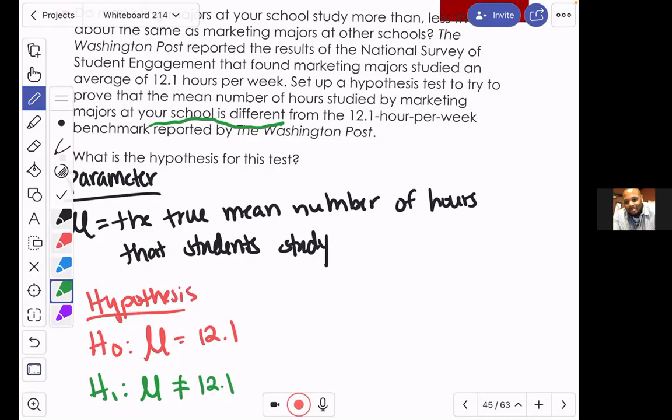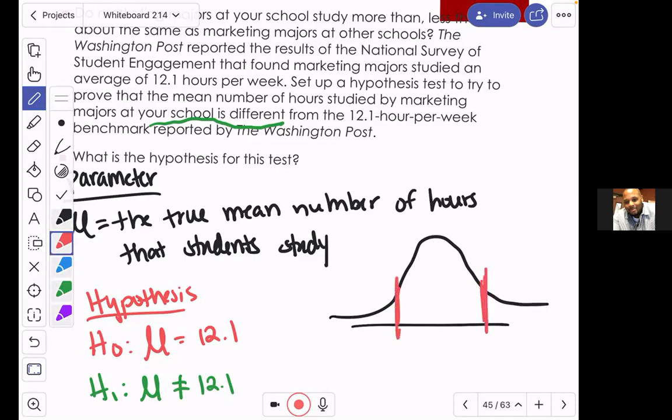So every hypothesis test starts with a hypothesis. In this case, we're building a two-tailed test, or a non-directional test. We don't know the direction of the test yet. And so what that essentially means is that when we look at this, we're going to say anything that falls on this side, that falls inside of here, is safe.